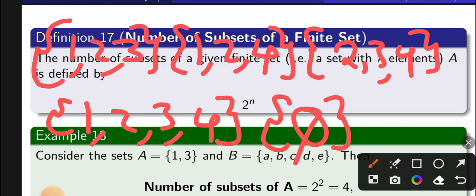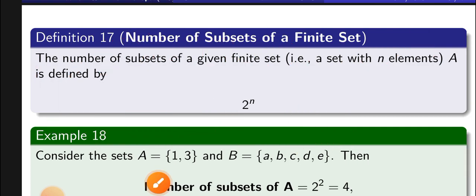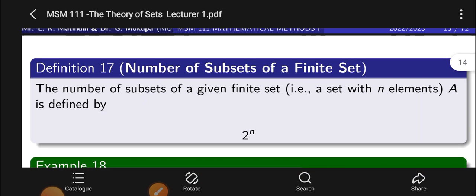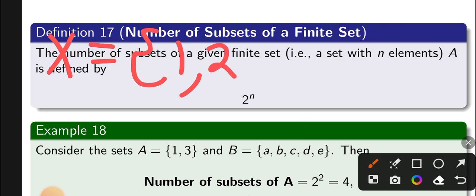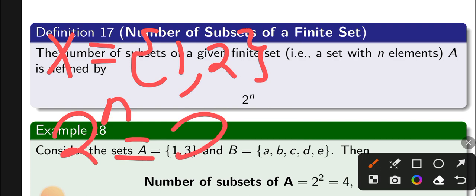So for a clear understanding, let me get a simpler set. Let's say set x is equal to {1, 2}. To get the number of subsets here, you say 2 to the power n, where n is the total number of elements in set x. 2 to the power 2 is equal to 4.